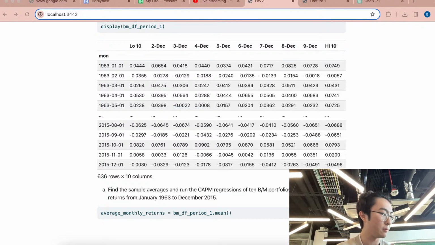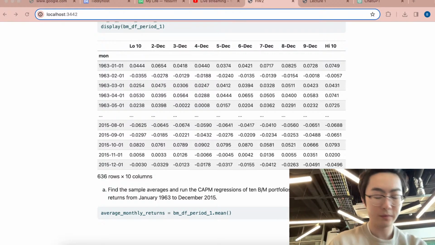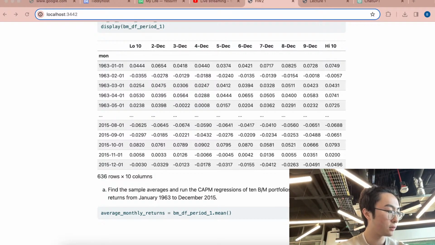So we want to estimate betas. All right. So def find beta. Just create a function for that.